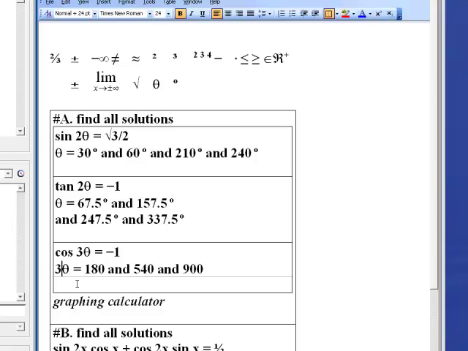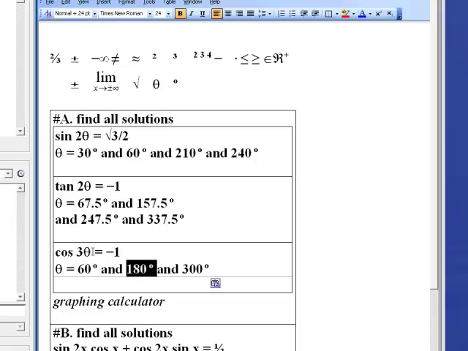Then we divide by the 3. So we have 60, 180, and 300 degrees. And again, you can plug them in here.